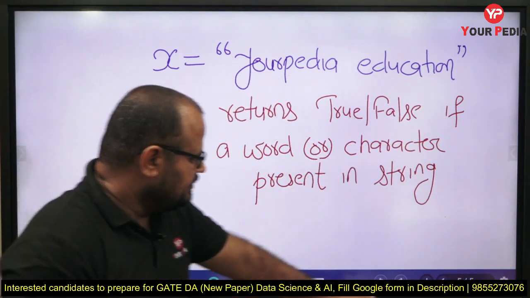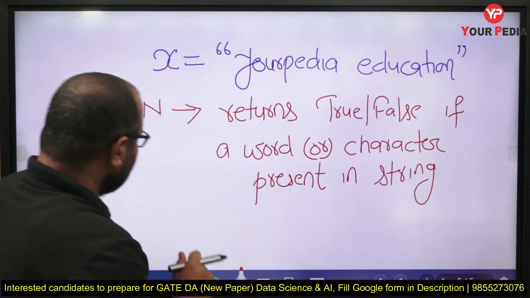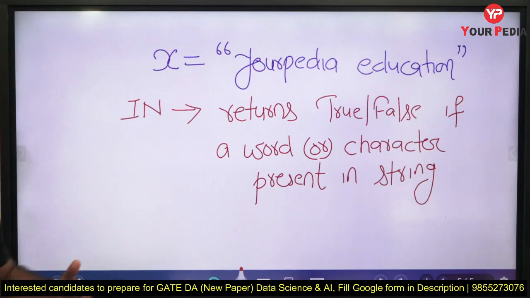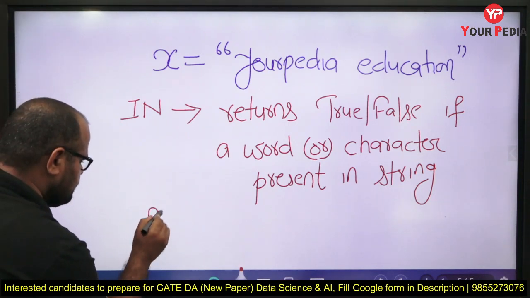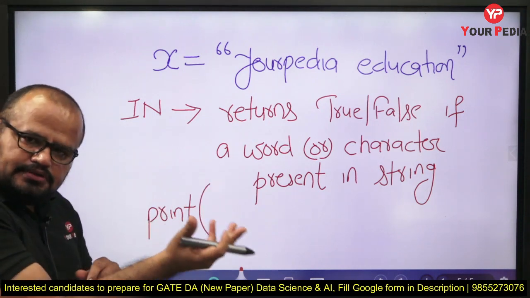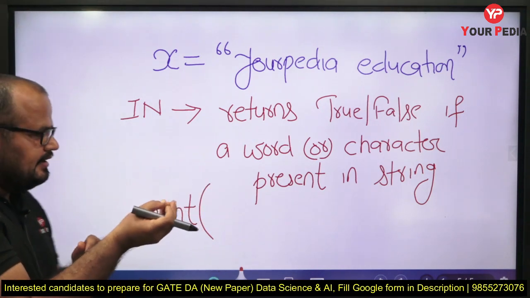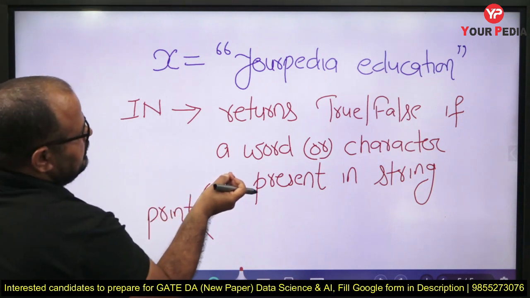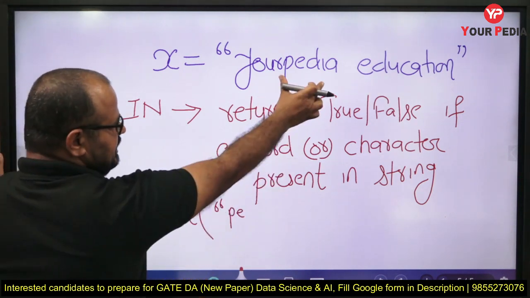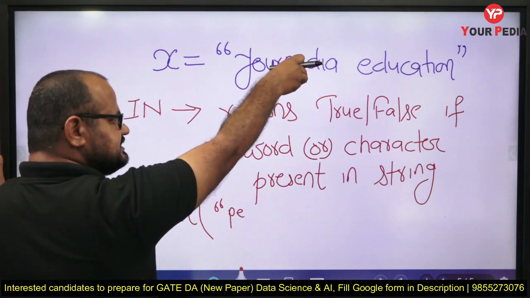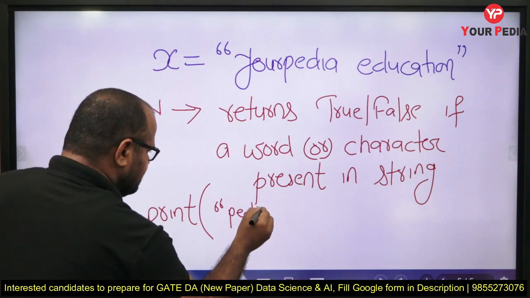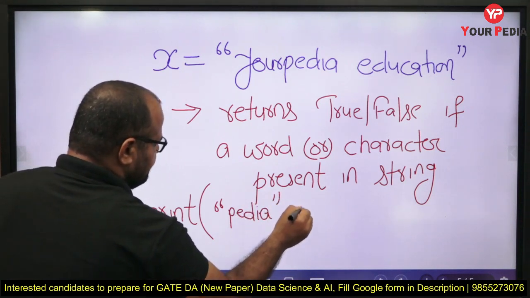Fine. So let's go with an example. If you just write print, we want to print the output in terms of true or false. Say print, I can say pedia. You want to check some string, because pedia is also a string, a subset of the string. So you write in quotes pedia in.